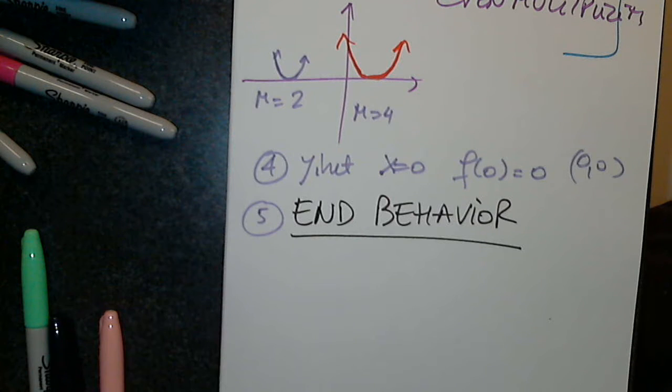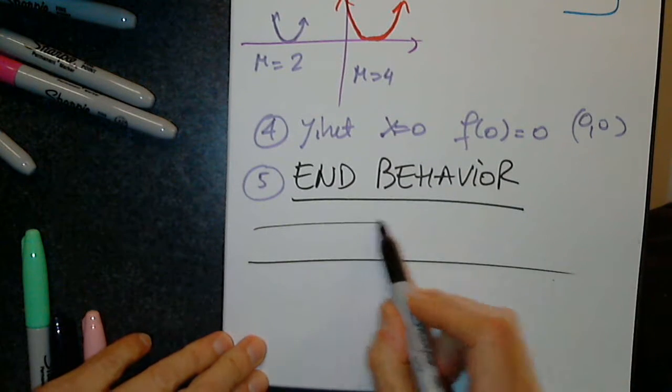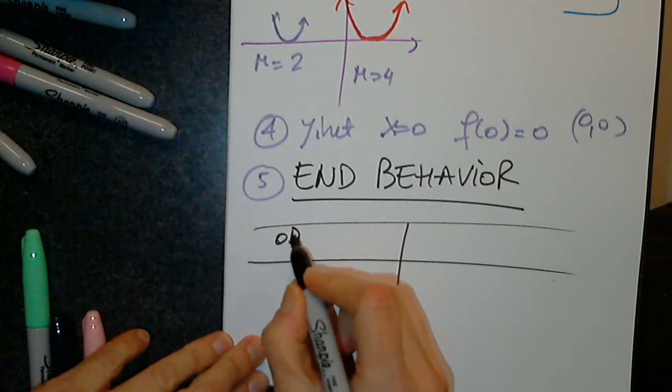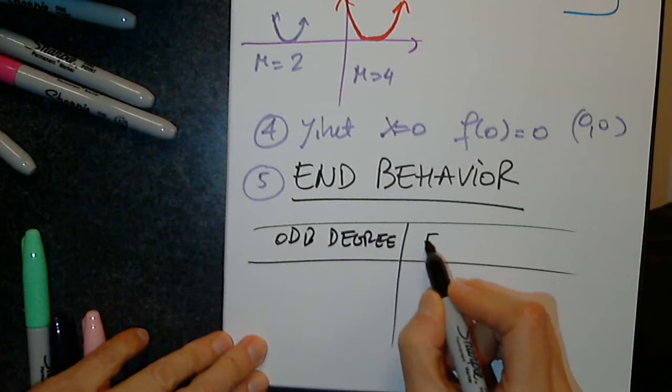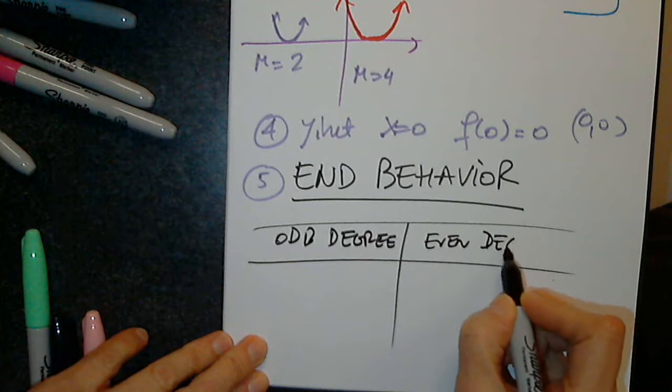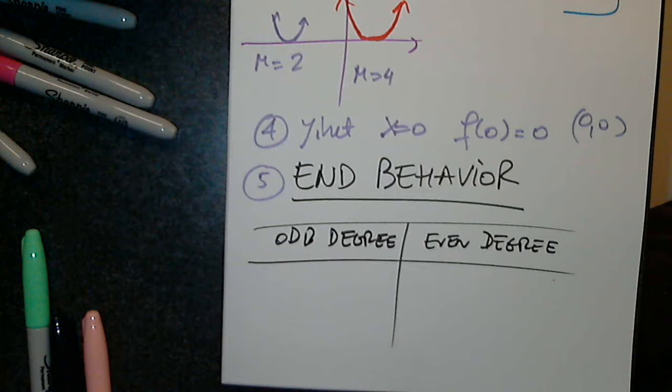Okay. How does a linear function look like? Straight line. This is one case, and this is the other. Okay. So I'm going to make a little chart. You know me already. Odd degree, even degree. It's because I need to summarize everything. And it will be also easier for you to look at what we're trying to do.